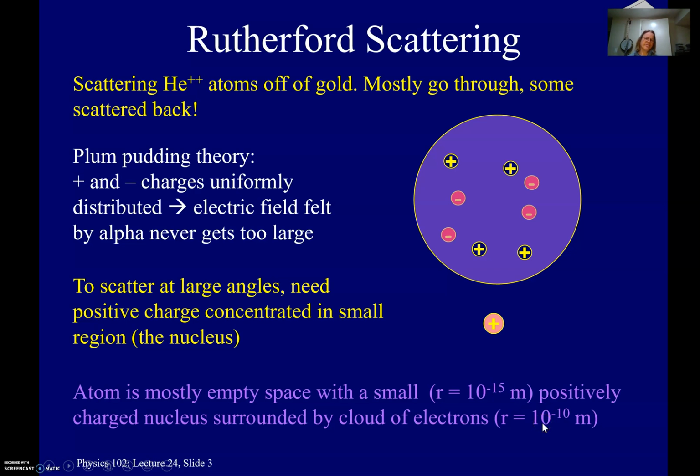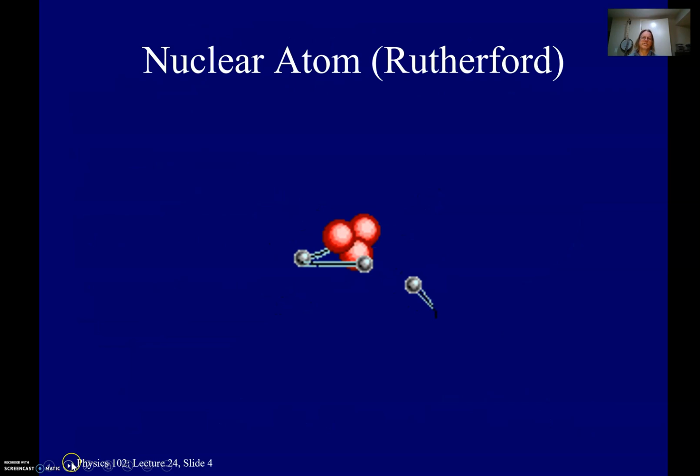That's 10,000 times difference, those 5 zeros there. So almost all the mass is located in a very small spot right there in the middle, very little on the outside of that. So this scale is way out of whack. The size of this nucleus is way, way, way smaller compared to the electrons.